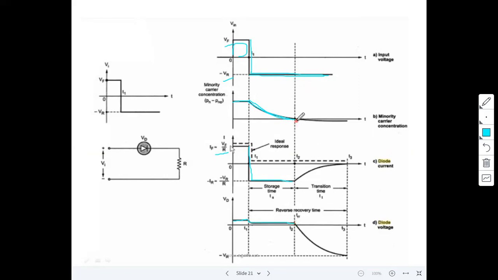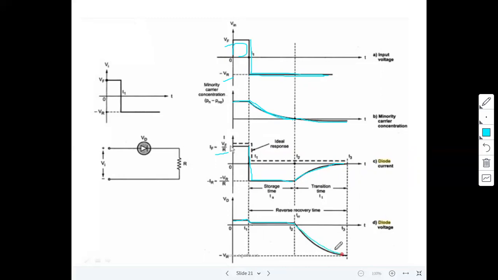Once it reaches zero and goes below zero, it comes down to the reverse. Now slowly the current also decreases, and the voltage also slowly decreases like this.